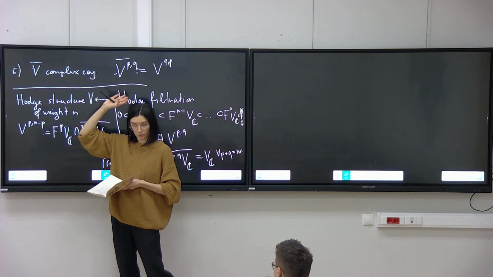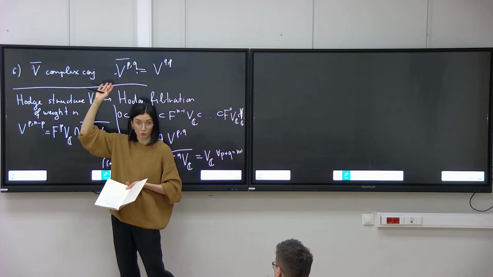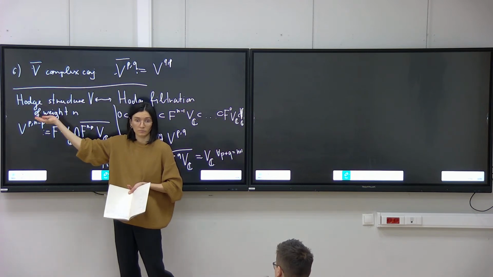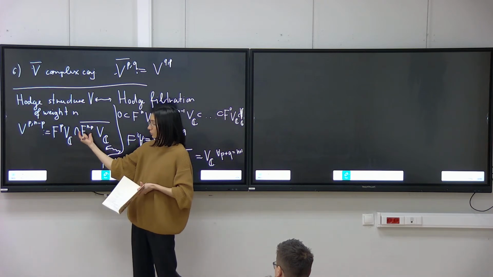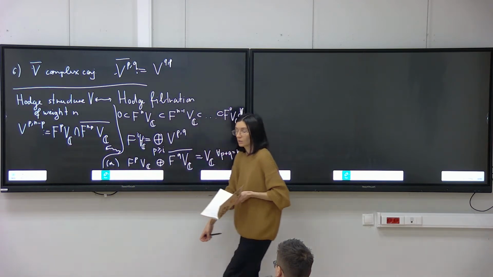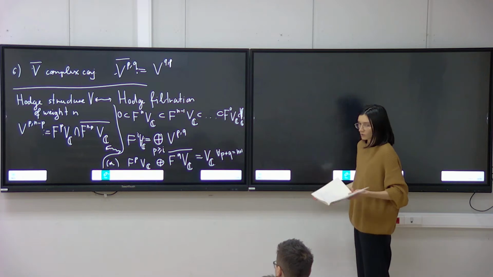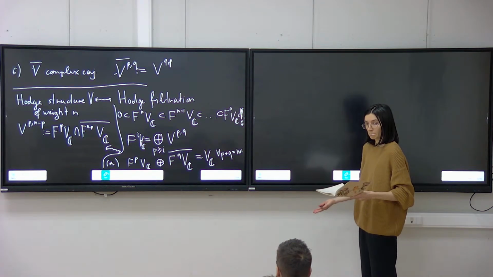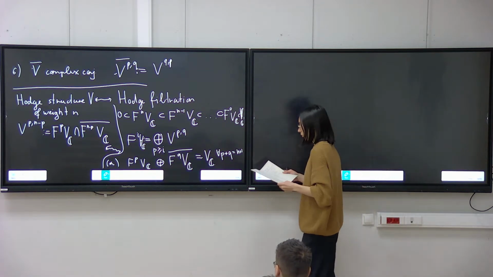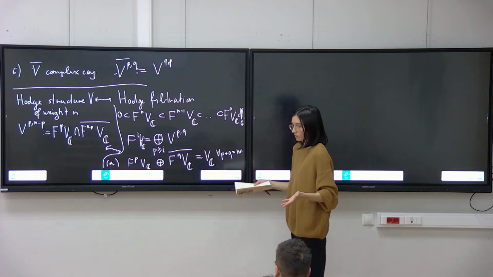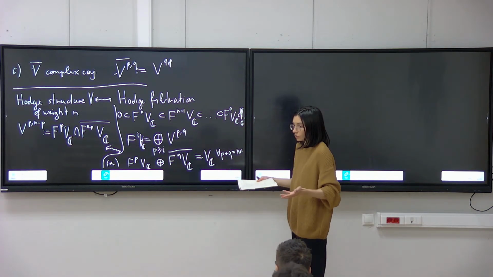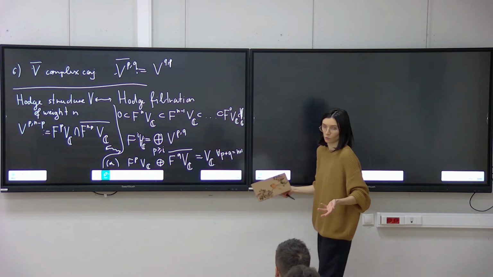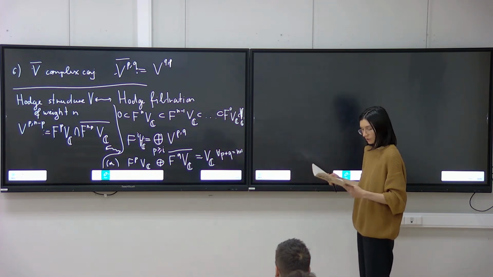When we work with rational cohomologies, there is no torsion, right? So the Hodge decomposition doesn't work with torsion at all because this is a complexification. Of course, on integral cohomologies sometimes there is torsion, but it doesn't matter.